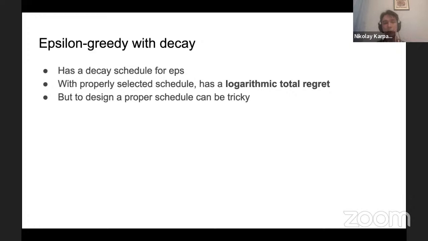Theoretically speaking, with proper selection of the schedule, epsilon greedy with decay has a logarithmic total regret.